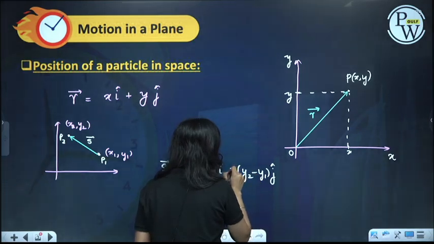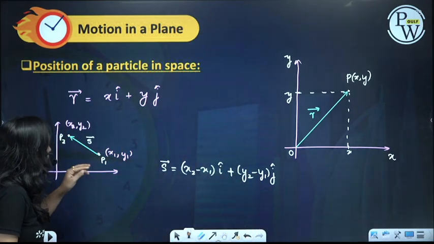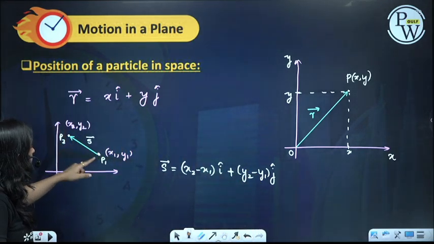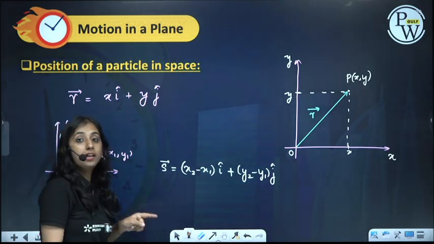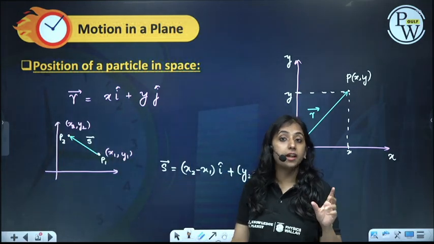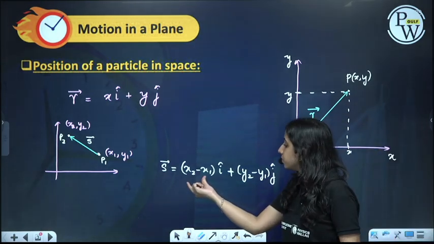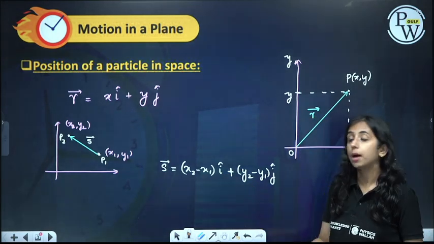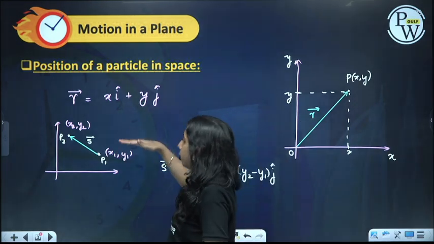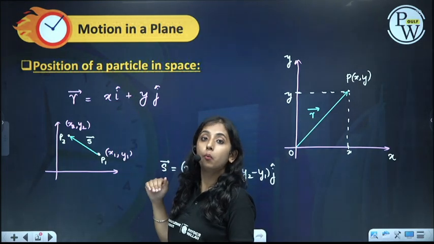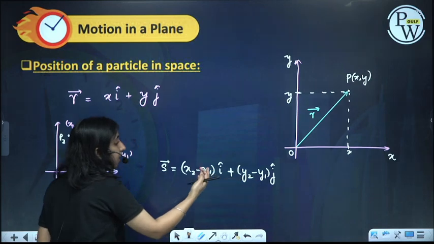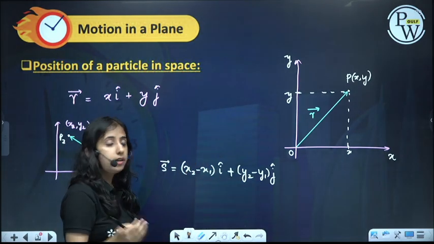Displacement in x: how much the particle has displaced in the x direction. From x1 it went to x2, so displacement in x will be x2 minus x1. This is displacement in x and the direction is i cap. Displacement in y: from y1 it went to y2, so displacement in y will be y2 minus y1, j cap.